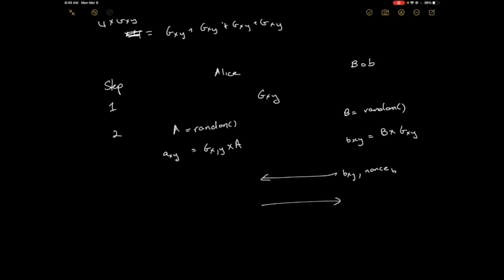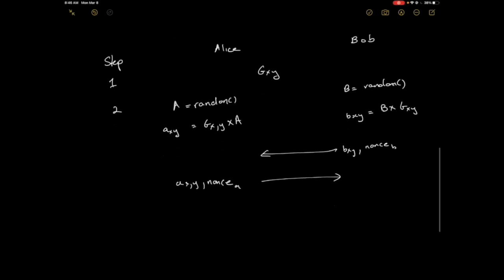She's going to share her public point, A x y, and a nonce. And now, this is where the amazing magic of elliptic curves comes into play. We're going to calculate that shared key, or shared point, on our space. And from that shared point, we're going to derive our final key.